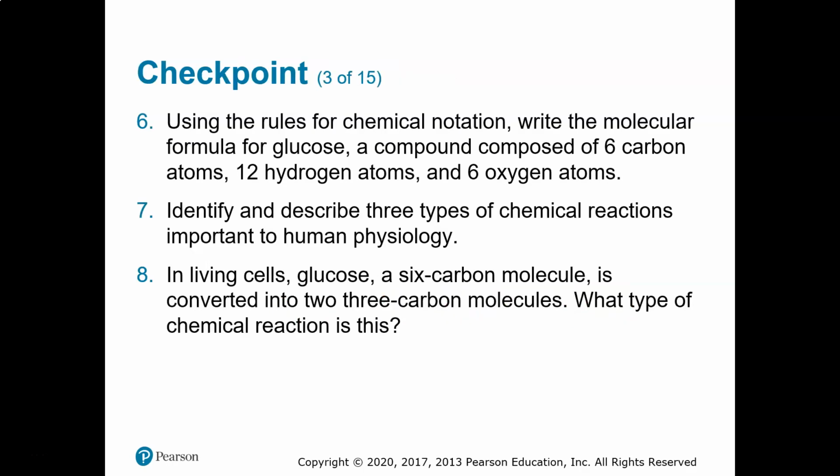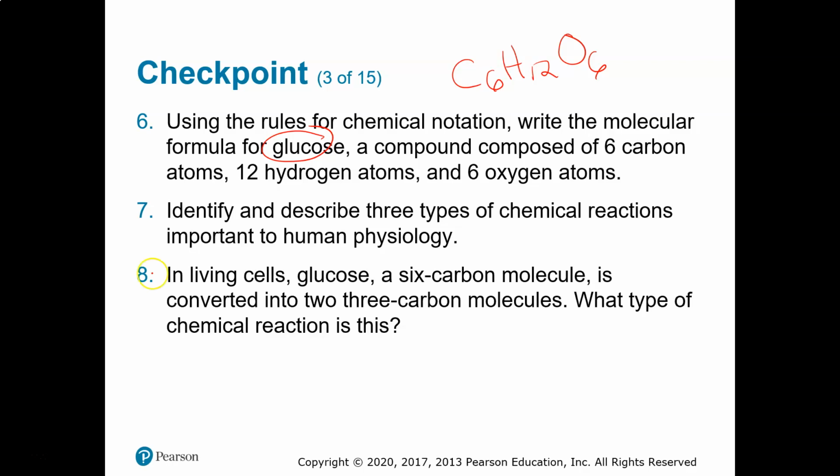Okay, using the rules for chemical notation, write the molecular formula for glucose. That's going to be C6, 6 carbons, H12, 12 hydrogen atoms, and O6 is 6 oxygen atoms. Identify and describe 3 types of chemical reactions important to human physiology, and those are dehydration synthesis, hydrolysis, and exchange reactions.